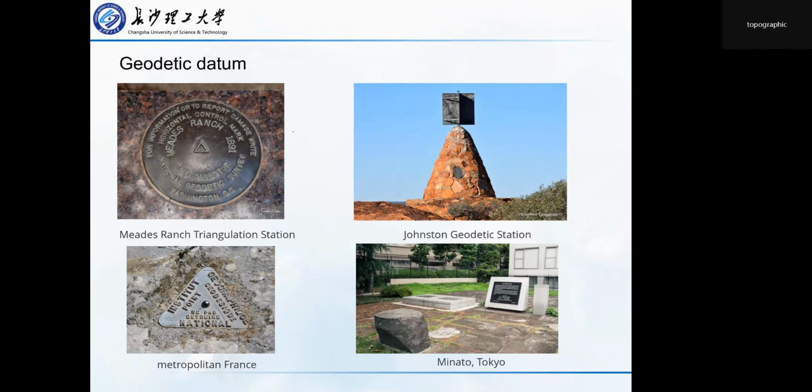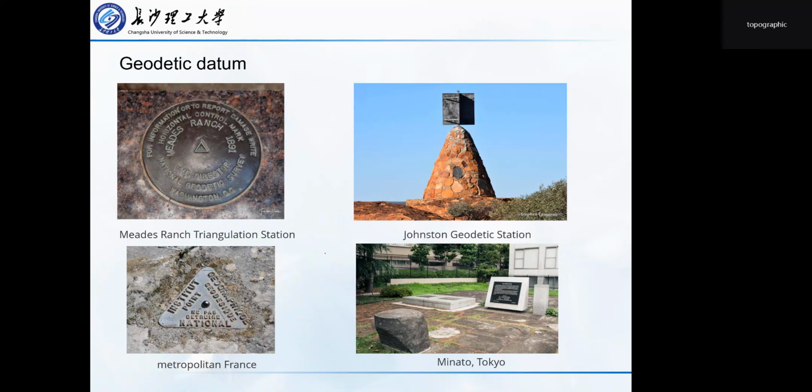In many countries, they have different geodetic datums. Here is the geodetic datum in America, and this one is in Australia, and this one is in France, and this one is in Japan. Maybe you can also search for where your country's geodetic datum is.